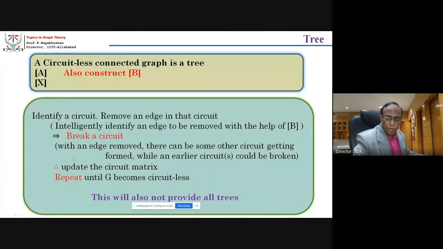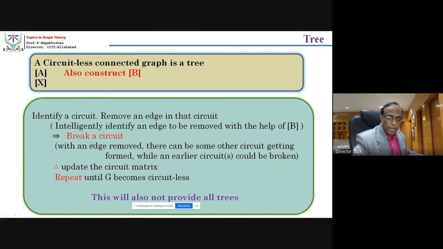When you break a circuit by removing an edge, some other circuit can get formed. You should be careful about that. Update the circuit matrix, update the A matrix, and repeat until G becomes circuitless. That's all. Take the graph and make it circuitless.